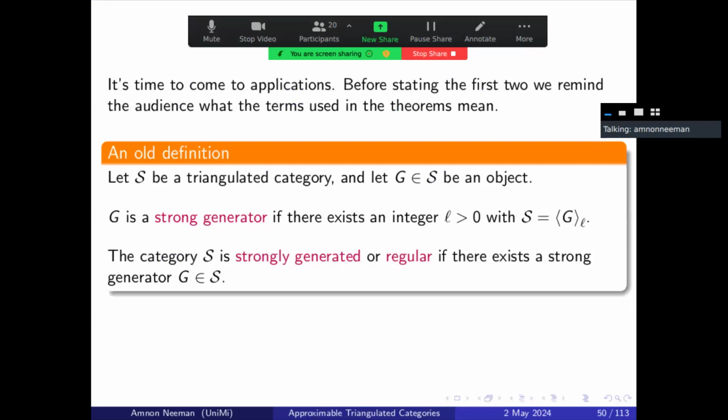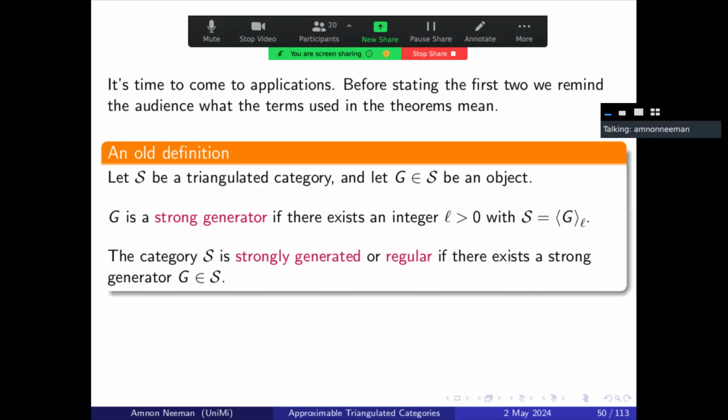And now, okay, I've given you a strange definition, the definition of approximable triangulated categories. I told you that there are lots of examples, but now I have to find a real application. I have to find a theorem that people actually care about. So in order to give you this theorem, I remind you of an old definition. Let S be a triangulated category and G an object.